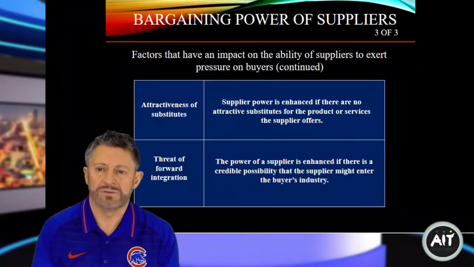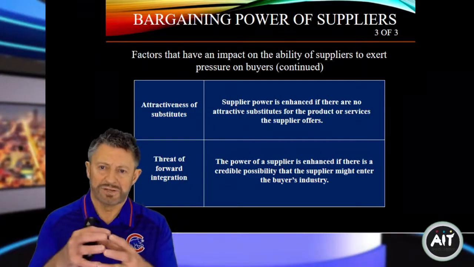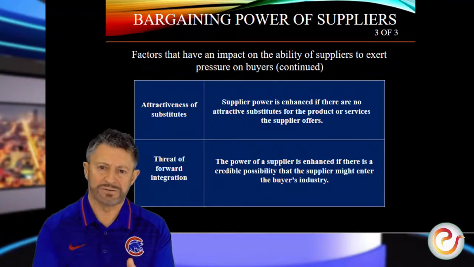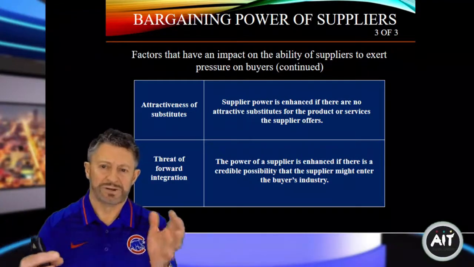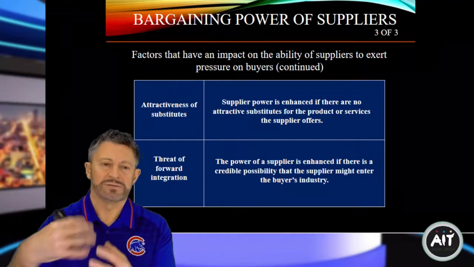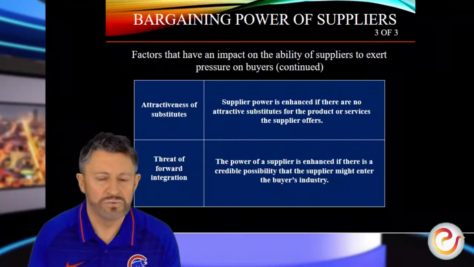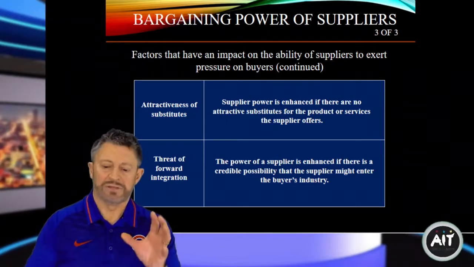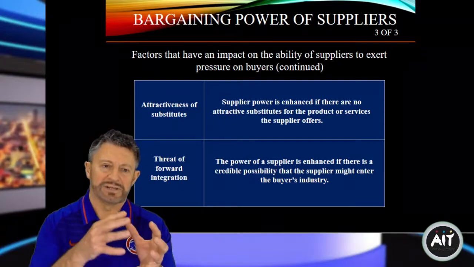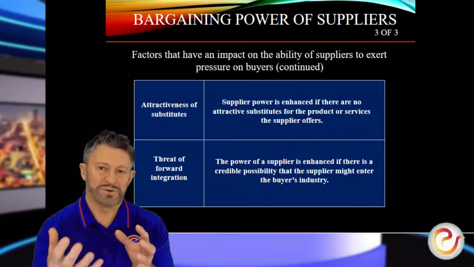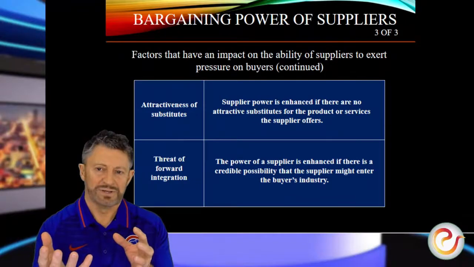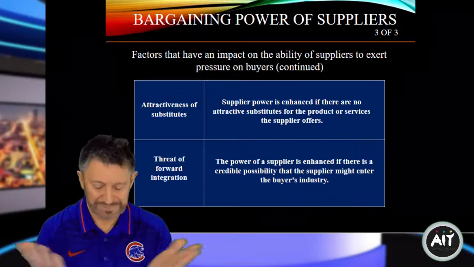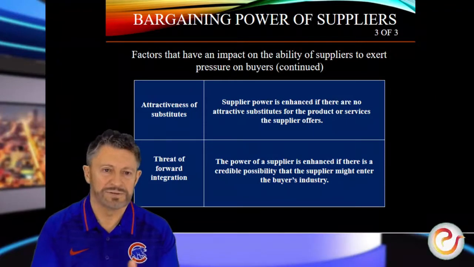I'm the supplier, now I buy it, so I begin to take more control of not just the raw components but also the manufacturing process. So I'm getting higher profits, and that's one threat of forward integration. Particularly if they have such a high price that they can force the manufacturing company to sell their company to the supplier, that kind of thing. Does it go on? Absolutely.